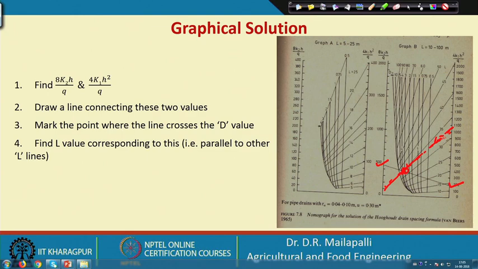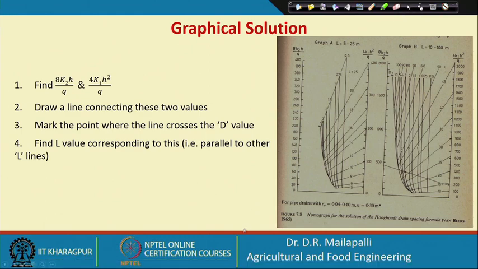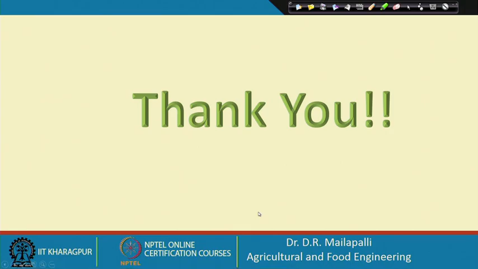So now L is equal to some 33, or something like that. So L is equal to 33 meters. This graphical solution is easier compared to the previous analytical solution.